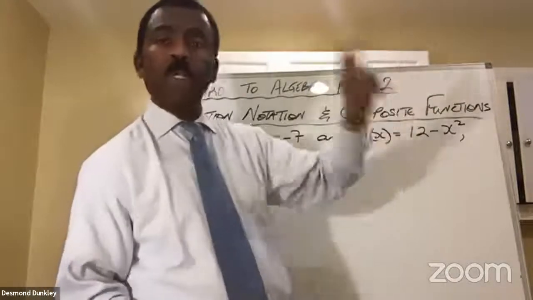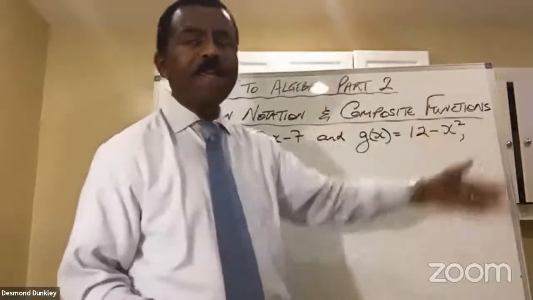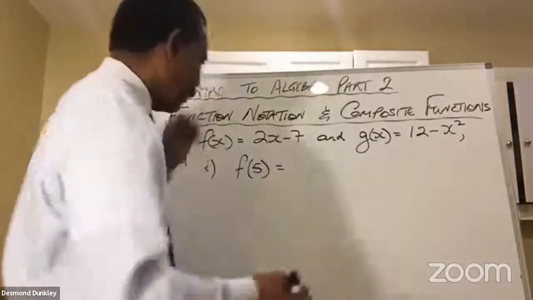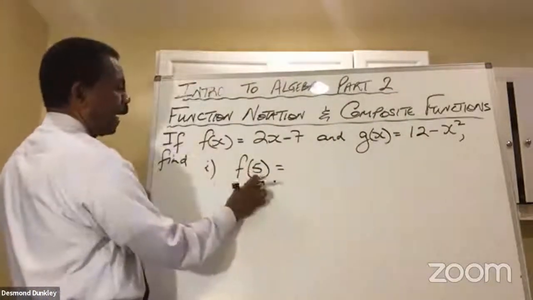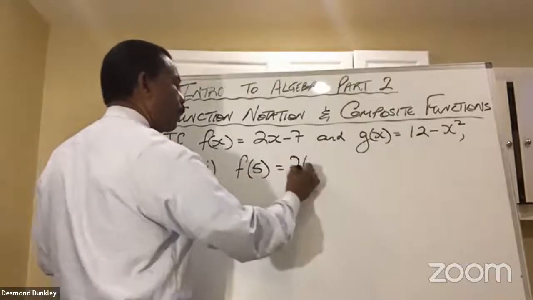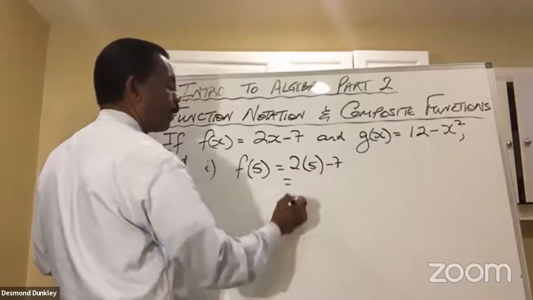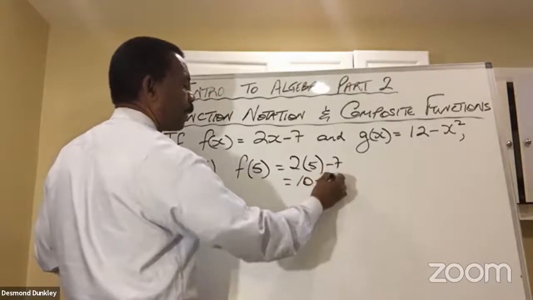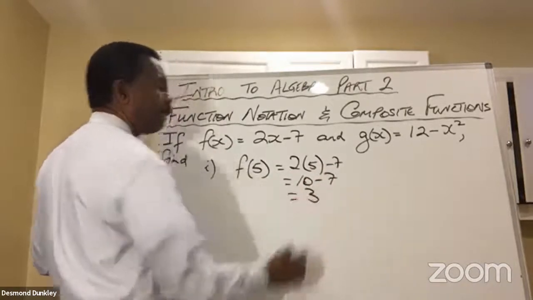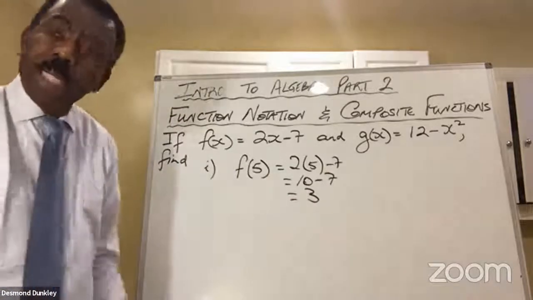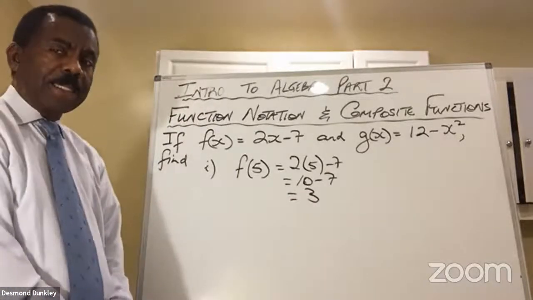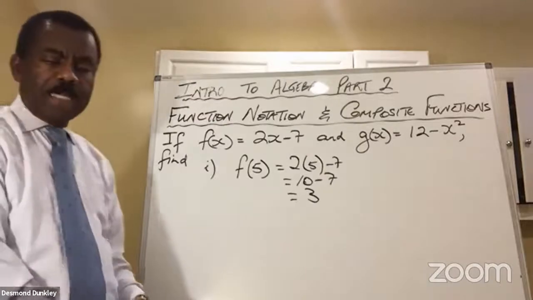Whatever is here to the power 2. Plug it in, simplify. That's it. So in this case, f of 5 must be equal to 2 times 5 minus 7. And that's going to give me 10 minus 7. So f of 5 is the same as 3. That's it. Let's try another one.